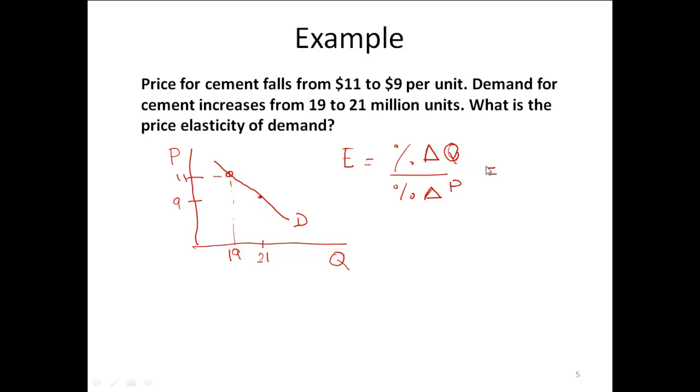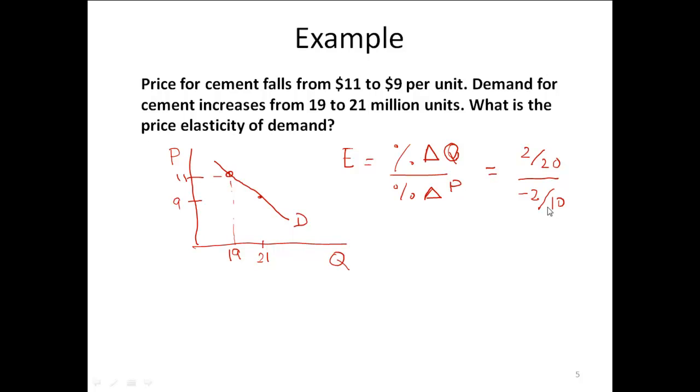Our quantity changed from 19 to 21, so a change of 2, divided by the average of 19 and 21, which is 20. And what about the percentage change in price? Price changed from 11 to 9, so that's -2. Remember, the price went down, divided by the average of 11 and 9, which is 10.